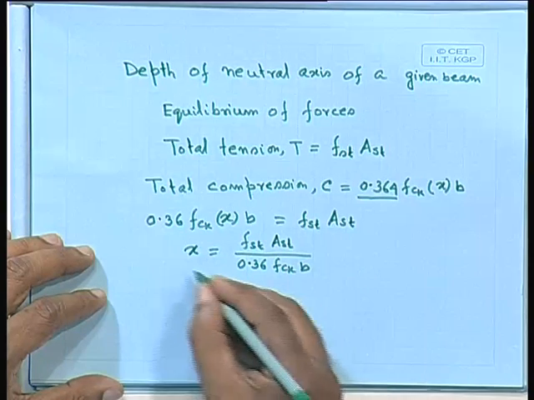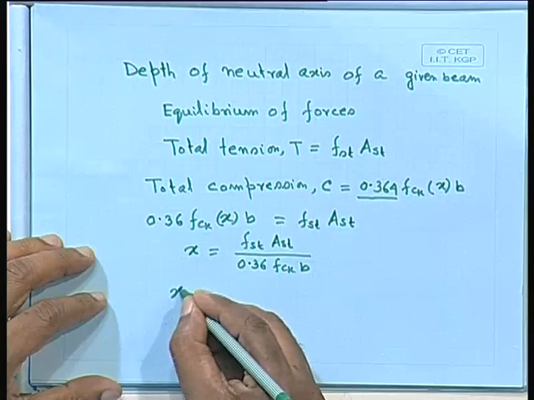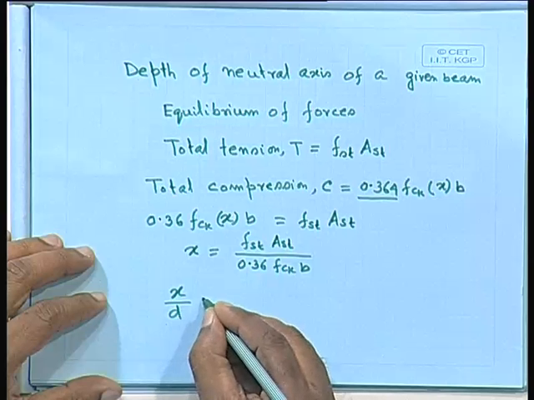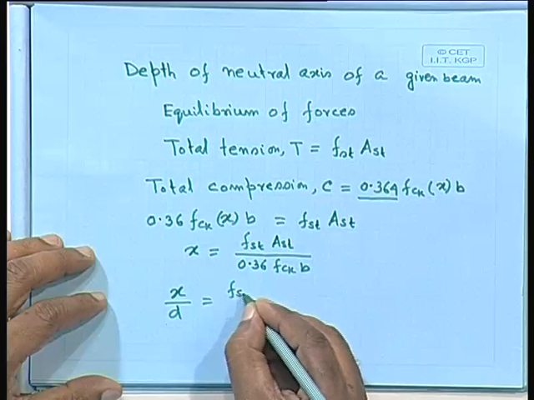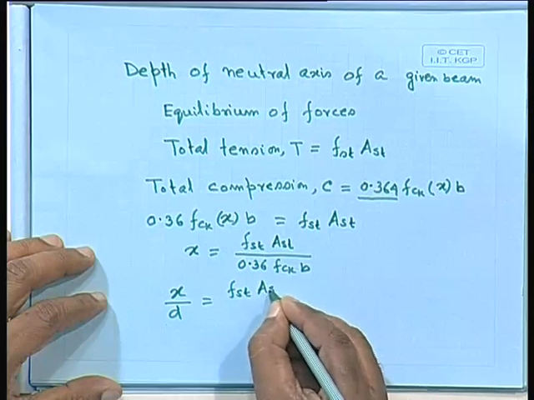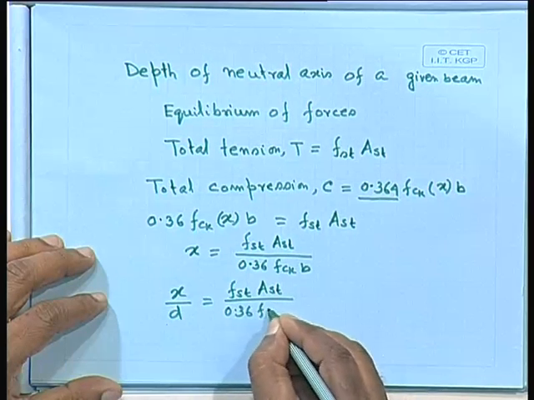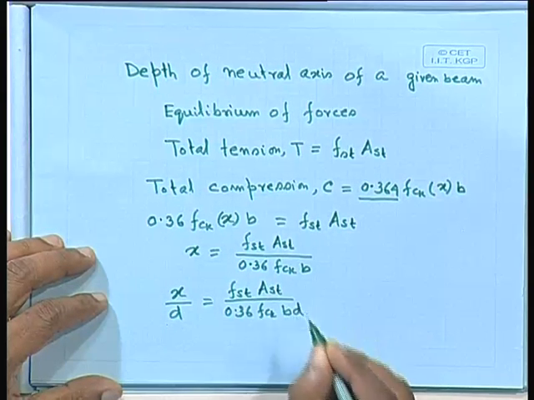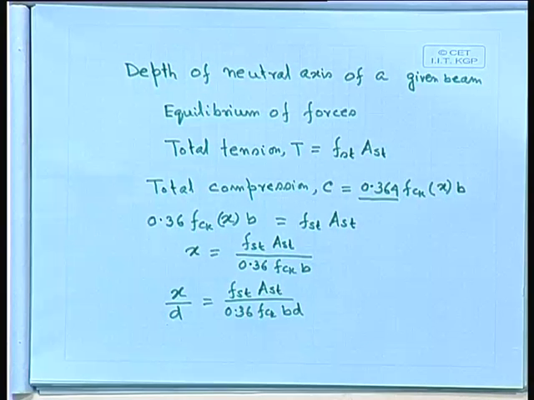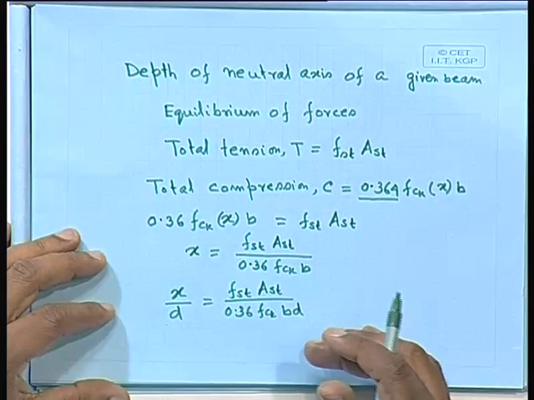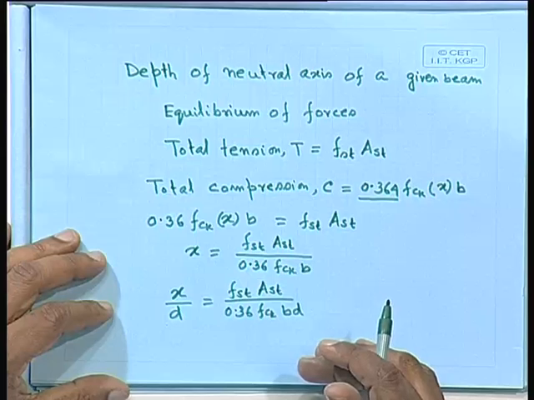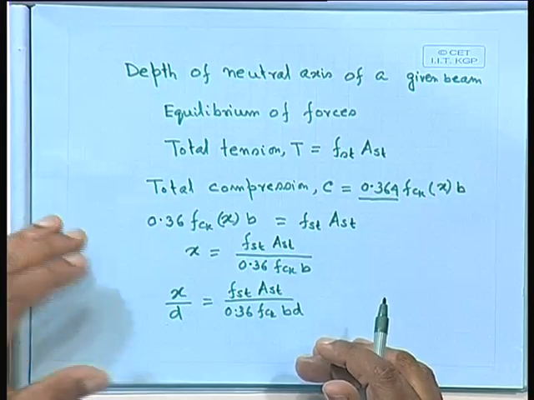We can write down this one as x by d equal to FST AST divided by 0.36 FCK B times D. We write the equation in this fashion, that x by d, instead of directly computing that value, we specify in this ratio x by d.